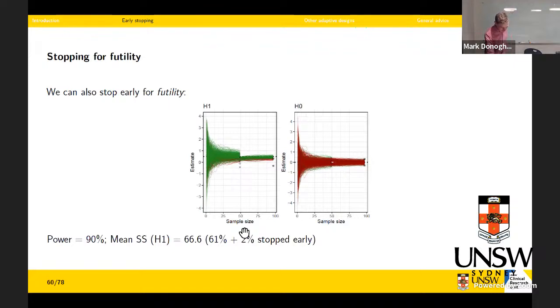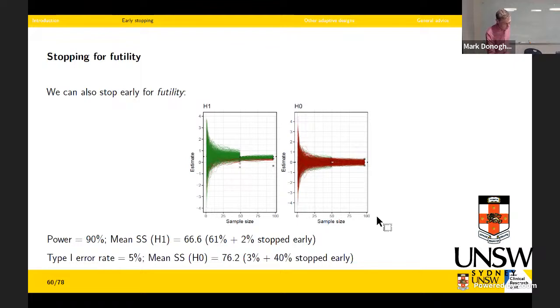So here, the power is still 90%. Our mean sample size is 66.6, so that's pretty good. 61% stopped early for efficacy, and 2% incorrectly stopped early for declaring futility. And our type 1 error rate is 5%, and that's pretty good.